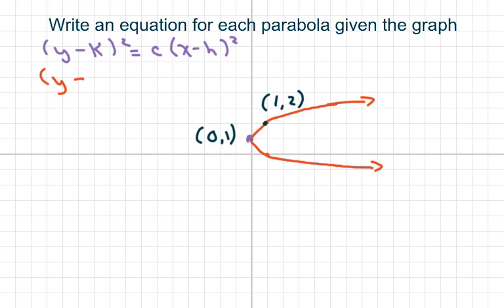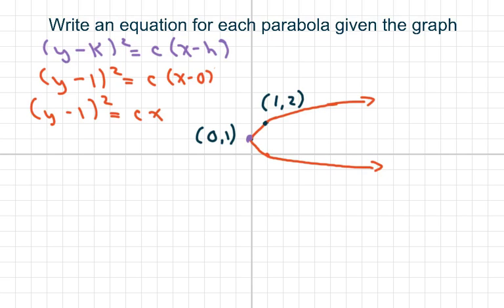y minus 1 squared equals c times x minus 0 squared. So that's going to be y minus 1 squared equals c, well, x is not supposed to be squared, sorry. Alright, cx.